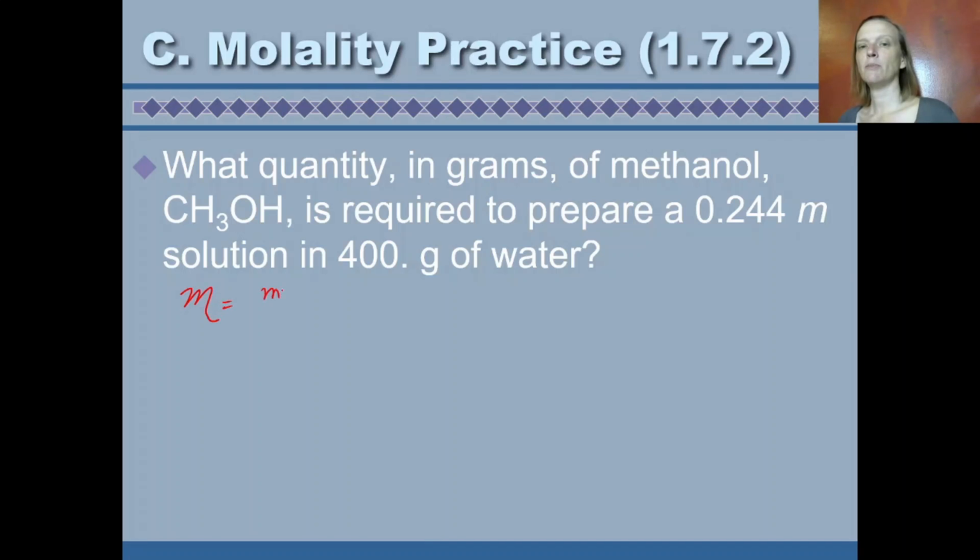Molality equals number of moles divided by kilograms. I know that I want a 0.244 molal solution. I want to know grams, but I can't find that out directly. I'm going to solve for moles first and then convert that to grams.